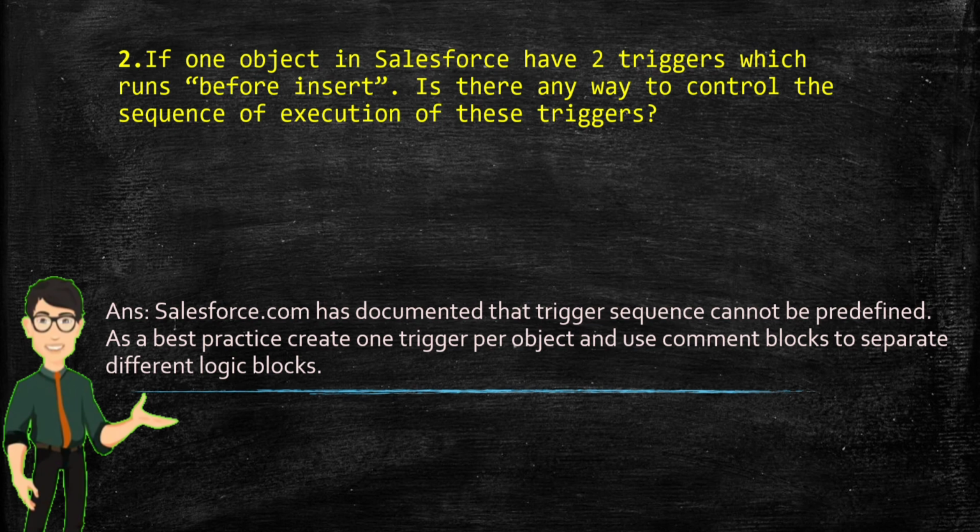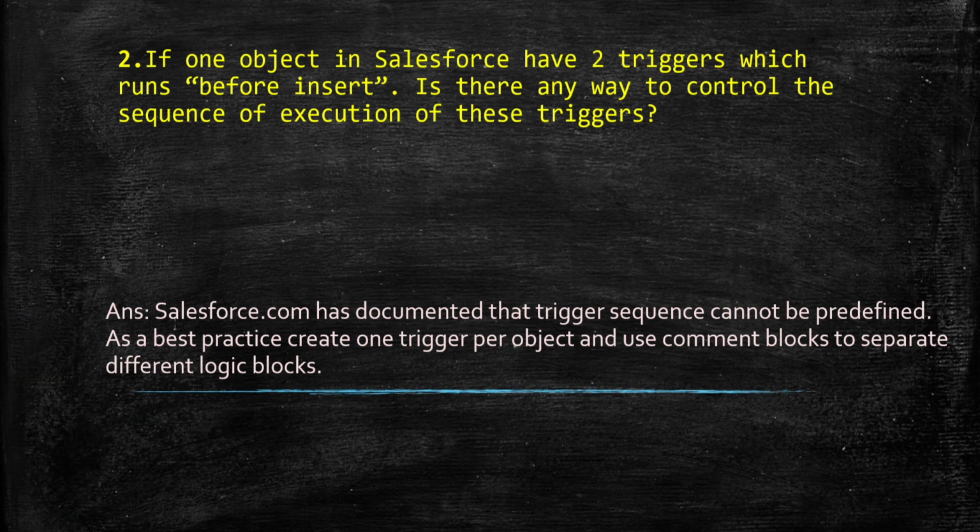Only write one trigger and use commented blocks to separate the different logics, like insert, update, delete and undelete operations. These operations should be done in a single trigger in separate commented blocks, so you can understand what you wrote in the trigger.